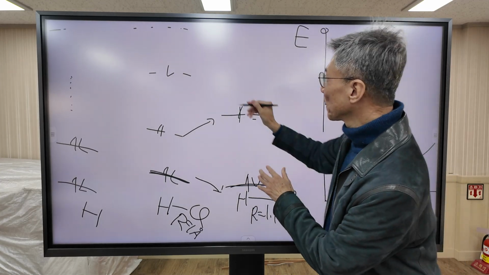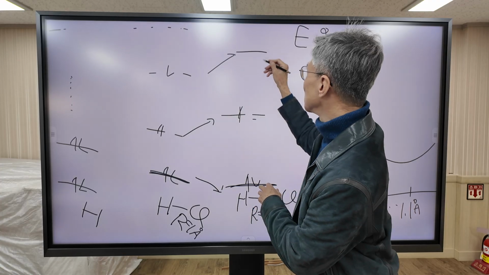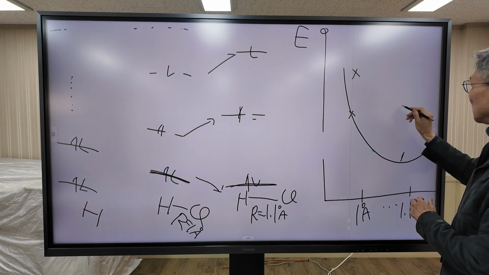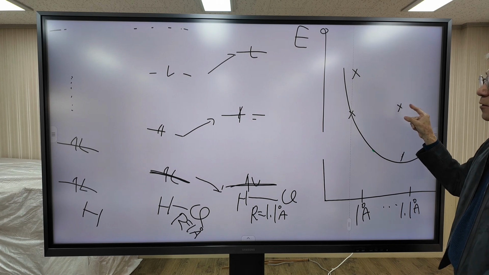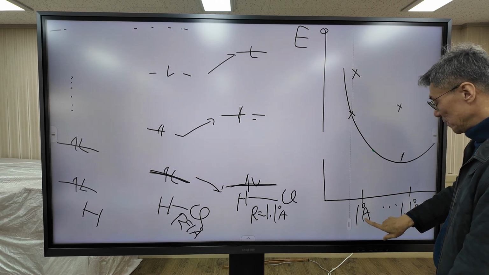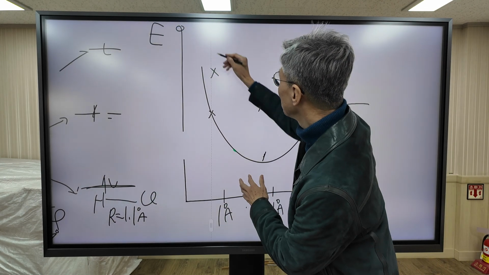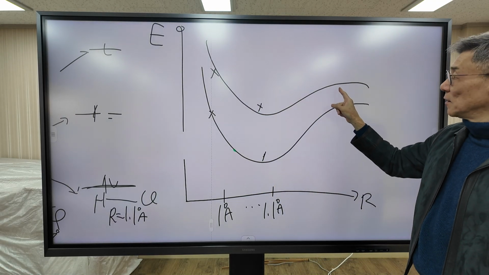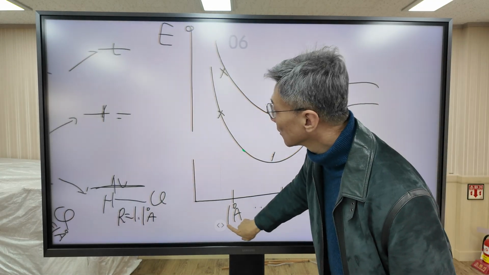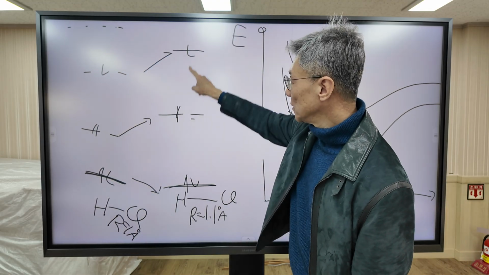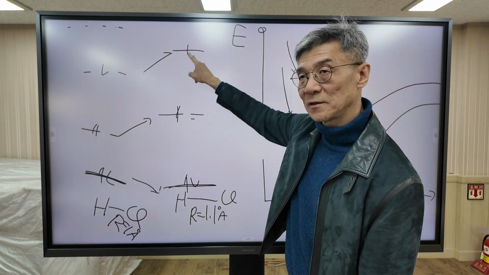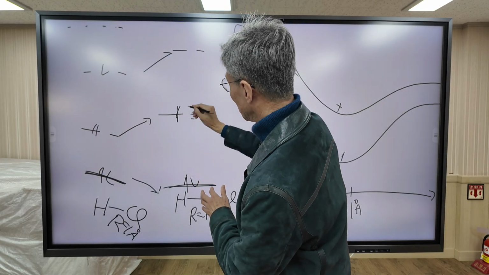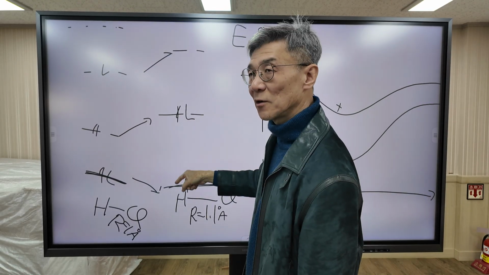Similarly, this orbital energy must also change. So for this point, maybe a different point. When I connect all the points, you obtain another potential curve. This potential curve corresponds to this electronic configuration, and this potential curve corresponds to this electronic configuration.